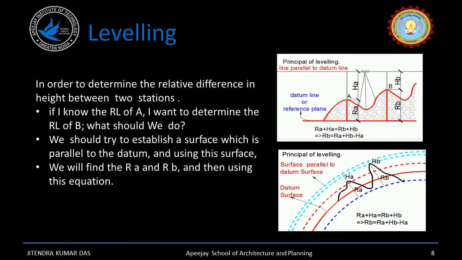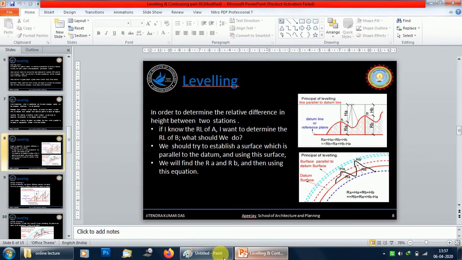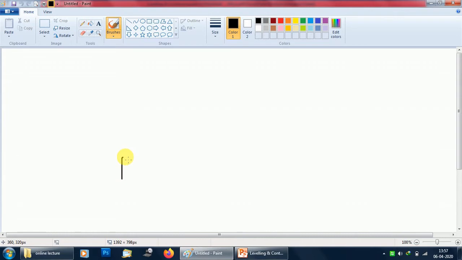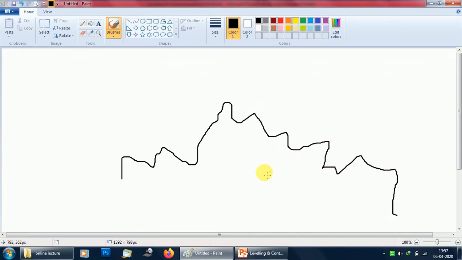We can understand it in a drawing. Suppose these are different elevations, surfaces are there, and suppose these are sea levels. Here is a water body, here a water body, here a water body.